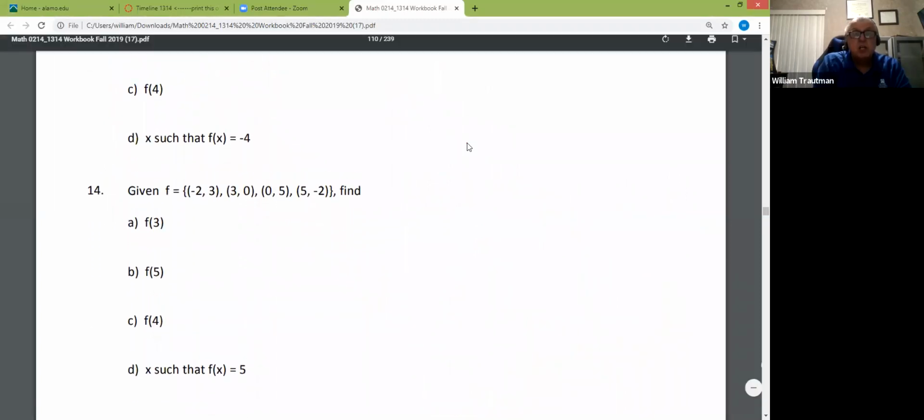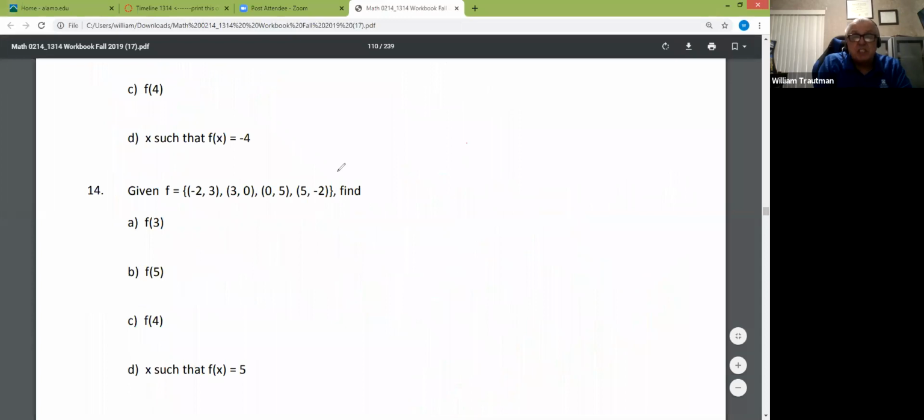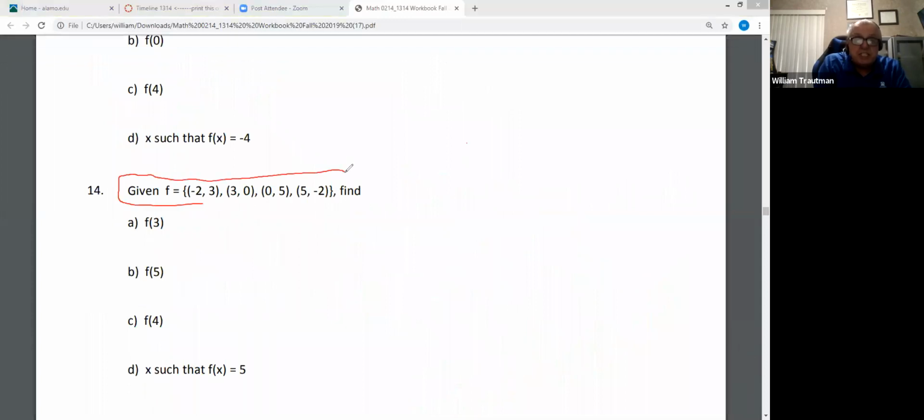All right. So this next one doesn't give us an equation, but they give us this function. And in this function, we just have a whole bunch of coordinates, xy, xy, xy, xy. So what does this 3 right here represent?